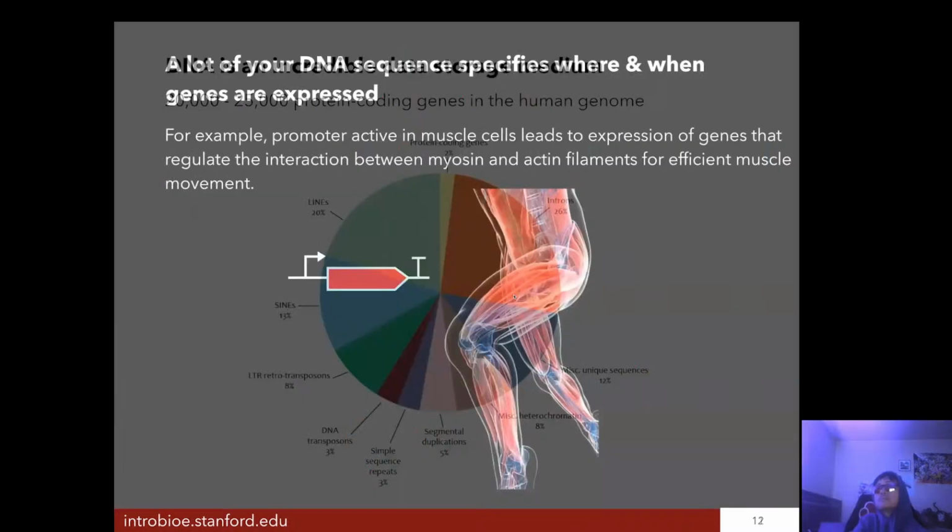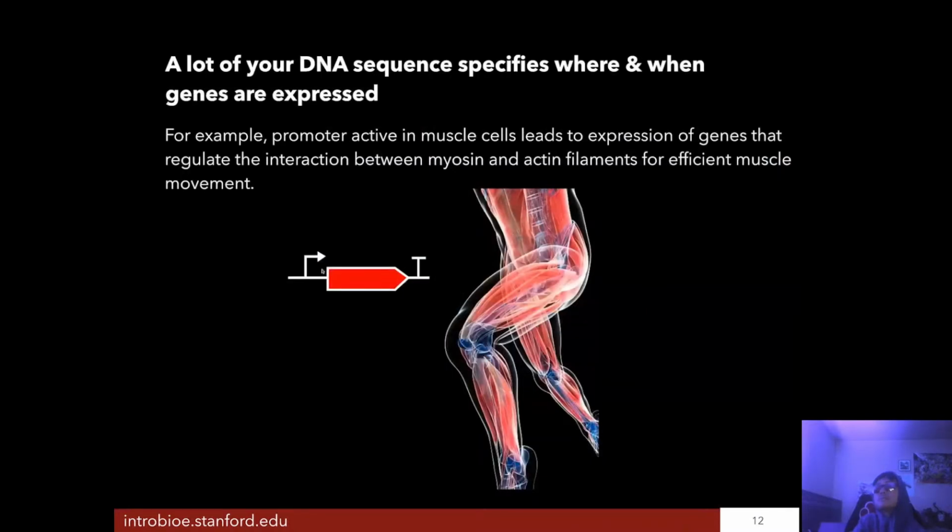Some of that information is telling your body or your cells when to express certain genes. So some of that DNA is in promoter and terminator regions that choose basically where to turn on the expression of genes. Here's an example where this is supposed to be a promoter driving expression of a gene that is important for muscle cell movement.